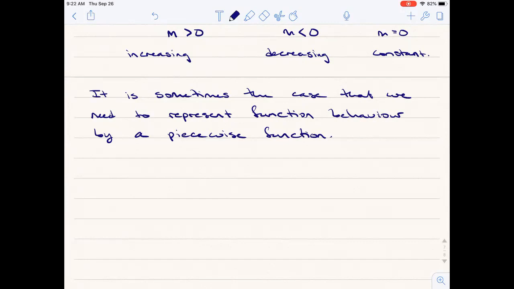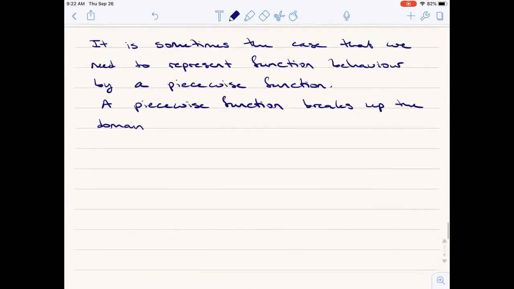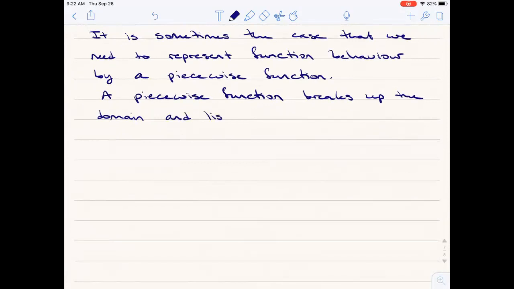A piecewise function breaks up the domain and lists the appropriate functions and their respective domains.